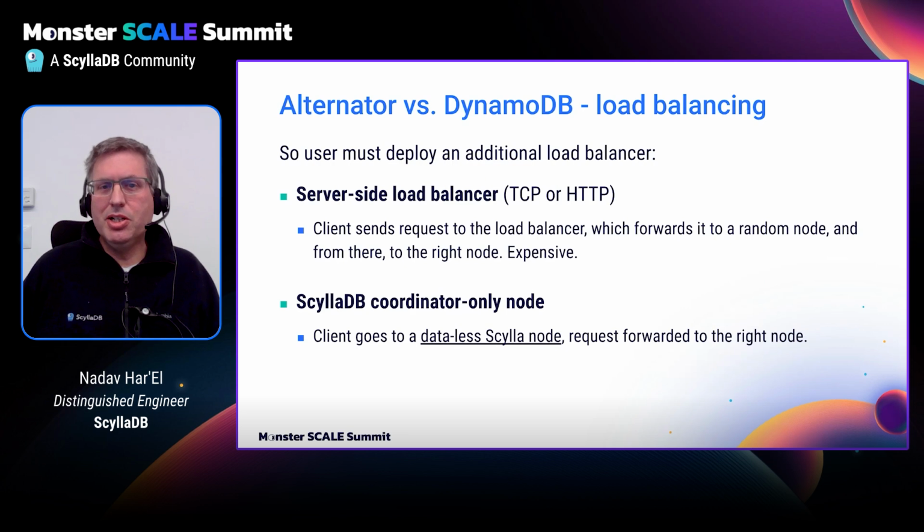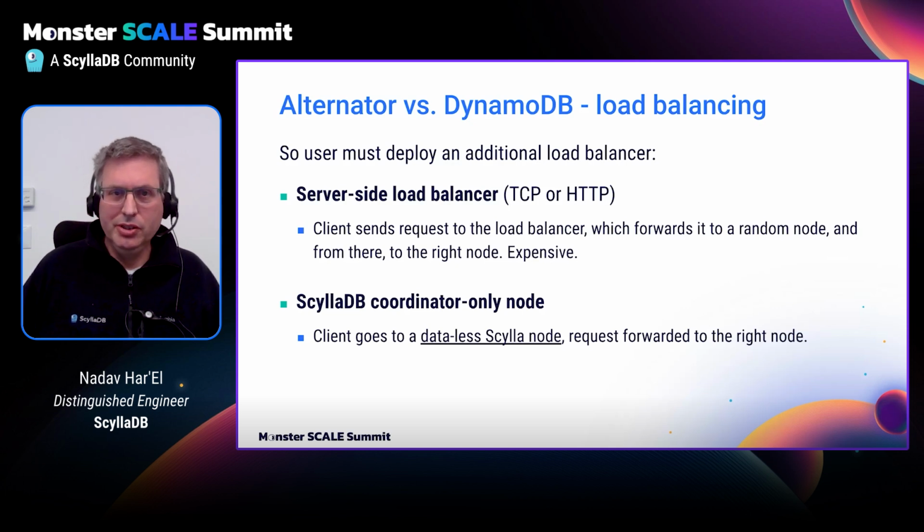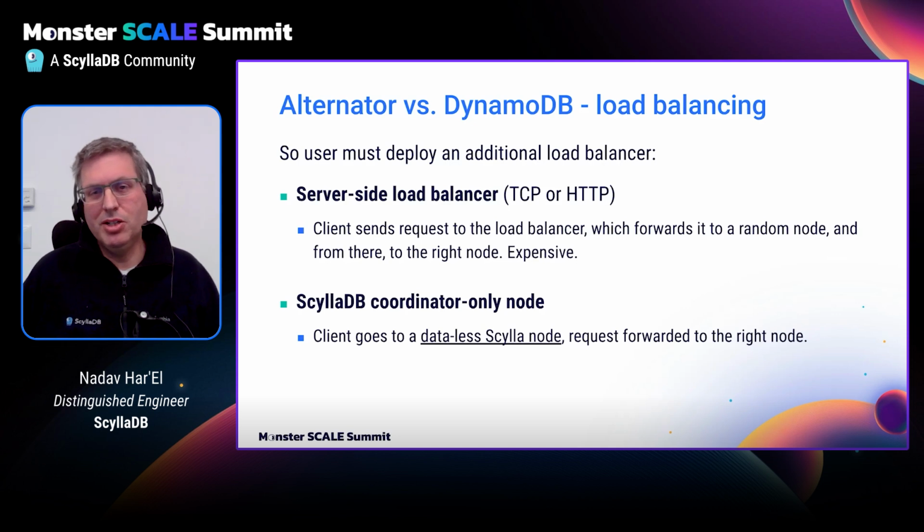So the Alternator user needs to deploy some sort of load balancer. On this slide I'll talk about the server-side solution, but the next slide will be on an even better client-side solution. A server-side load balancer is, for example, a load balancer of TCP or HTTP requests, because DynamoDB requests are actually HTTP requests.